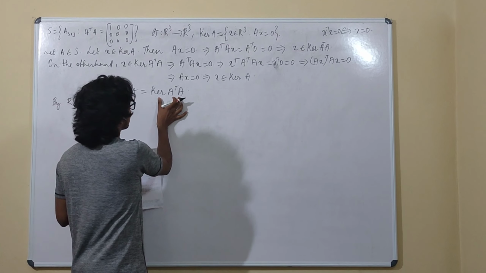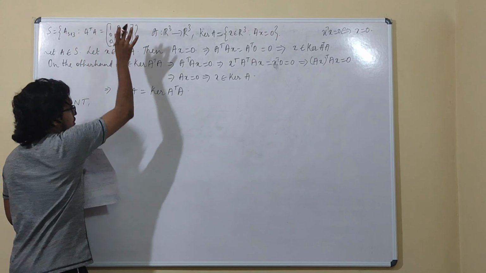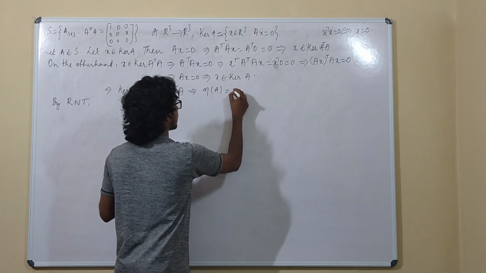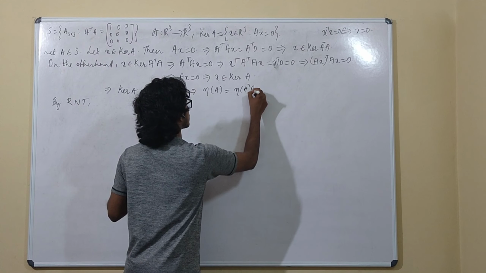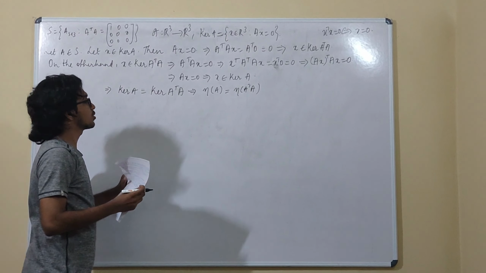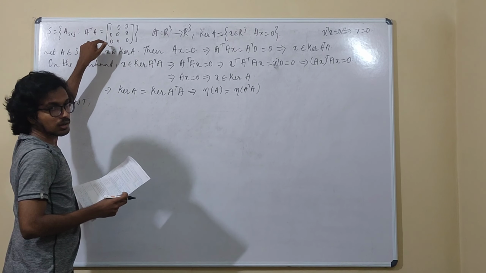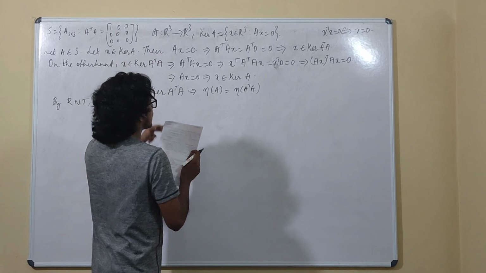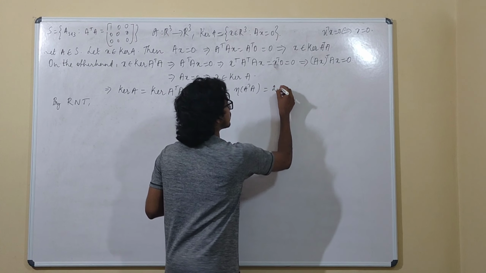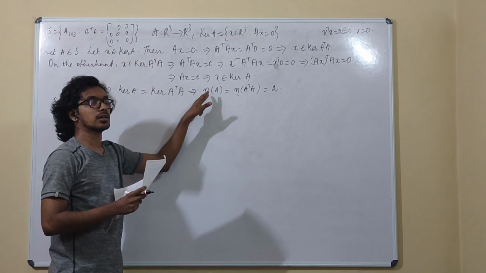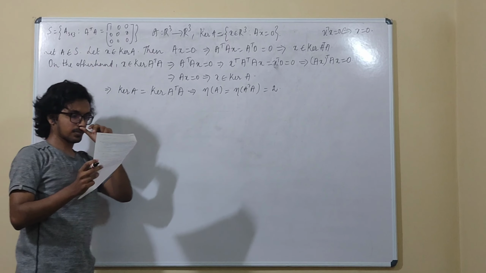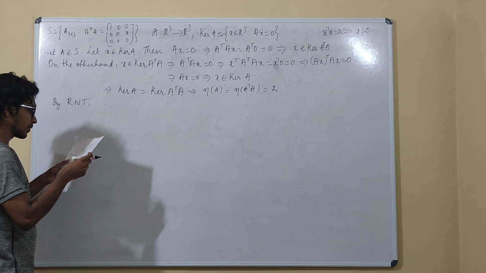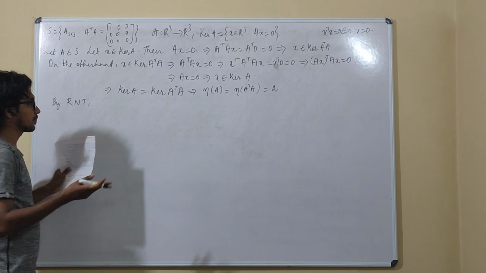What is the kernel of A? So we can deduce the nullity of A is the same as the nullity of A transpose A. What is the nullity of A transpose A? It has only one independent column or one independent row. So the nullity is 2 here. Okay, therefore the nullity of A is also 2. Right? If the nullity is 2, what can we say?